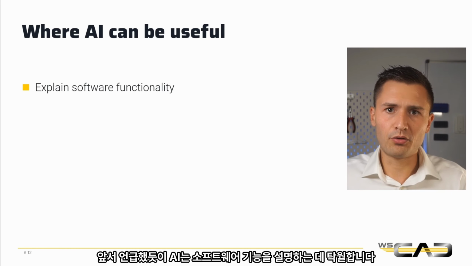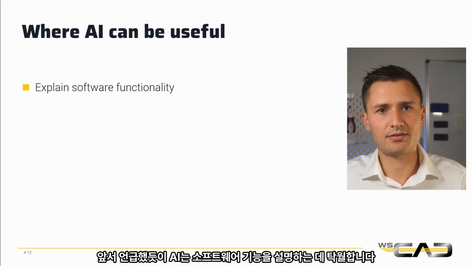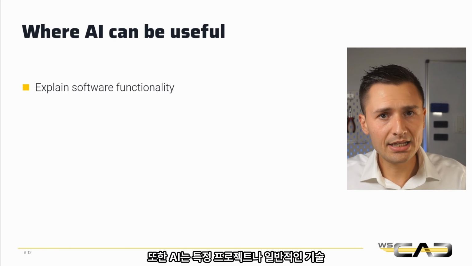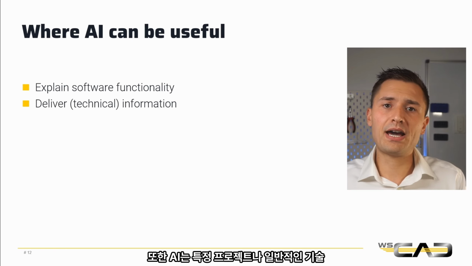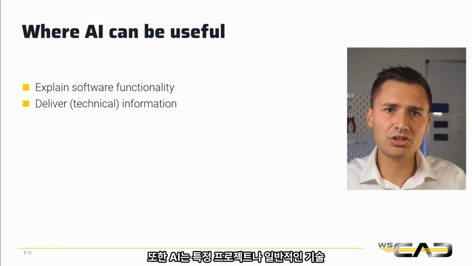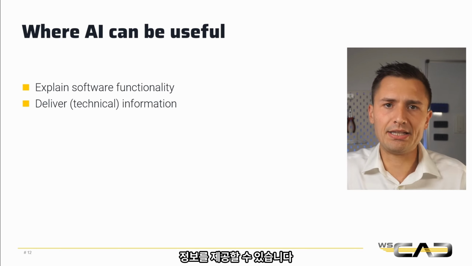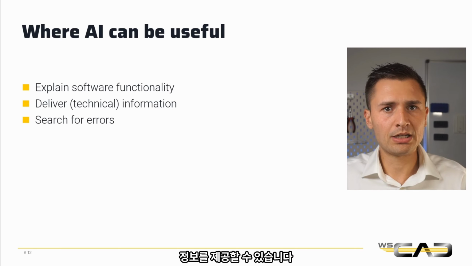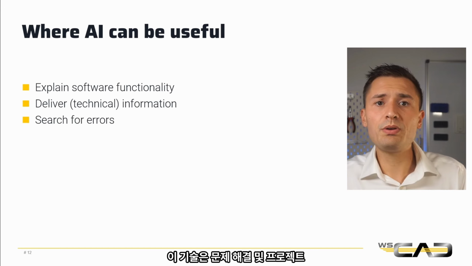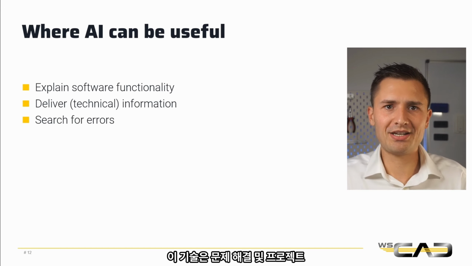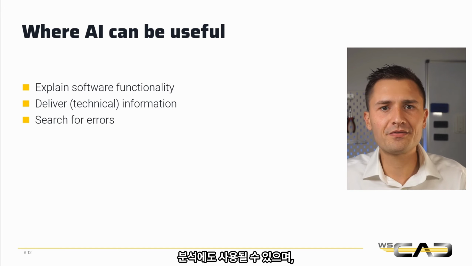As I mentioned before, AI is excellent for explaining software functions. In addition, AI can provide comprehensive information on both your specific projects and general technical questions. This technology can also be used for troubleshooting and analysis of your projects.